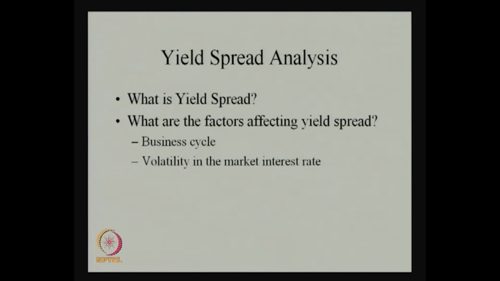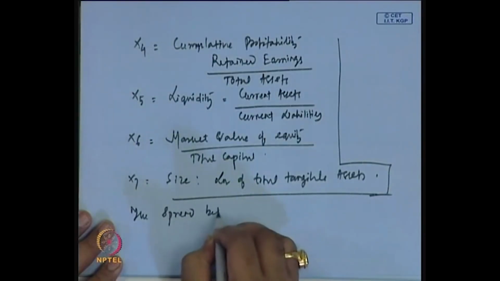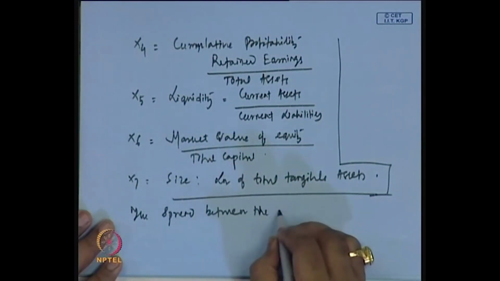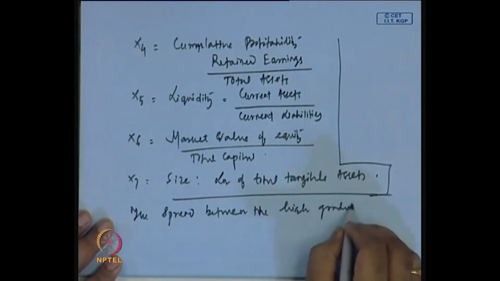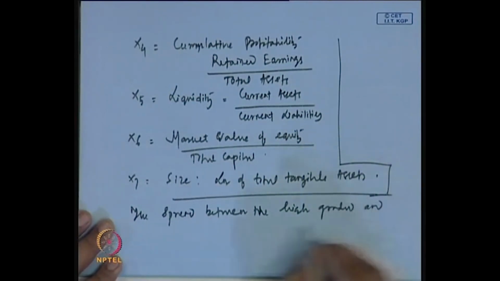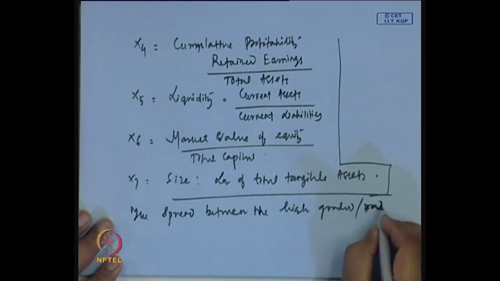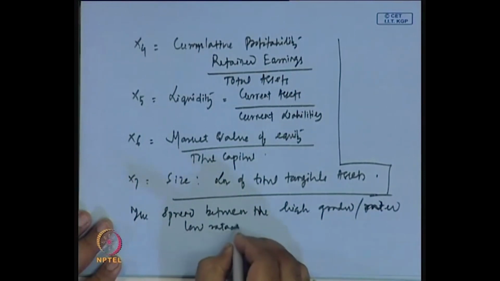The yield spread is basically the spread between high graded, or we can say high rated, and low rated bonds.